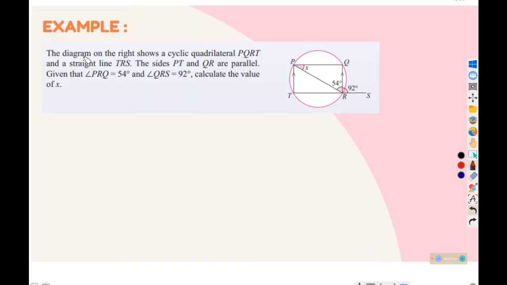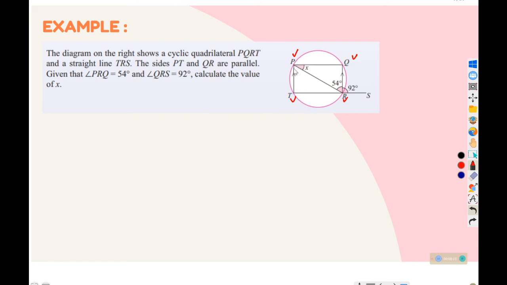So for the example, the diagram on the right shows a cyclic quadrilateral PQRT and a straight line TRS. So with PQRT, we can use the cyclic quadrilateral, and TRS is a straight line.